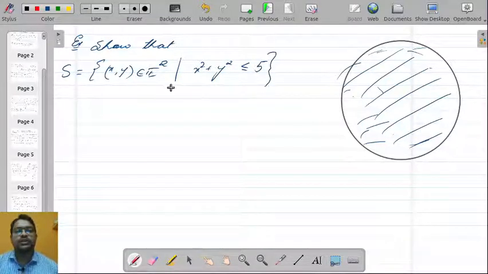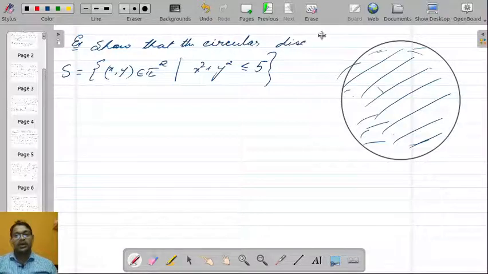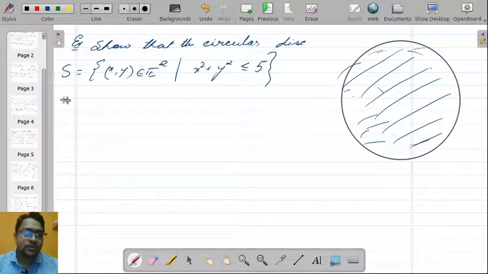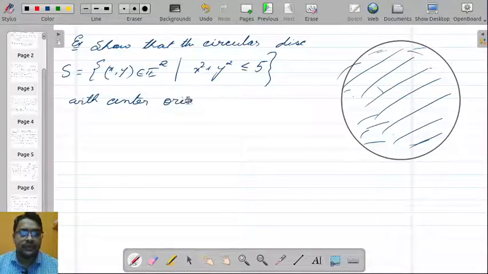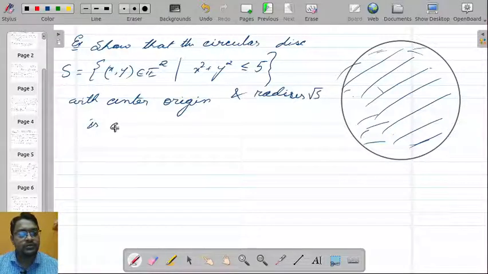This is a circular disc with center origin and radius root 5, and it is a convex set.